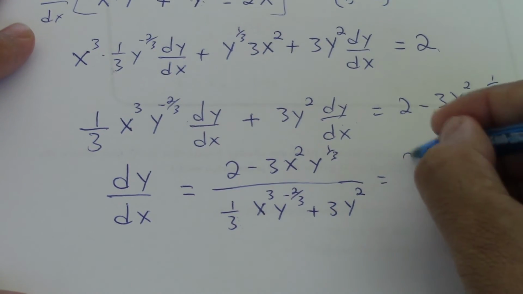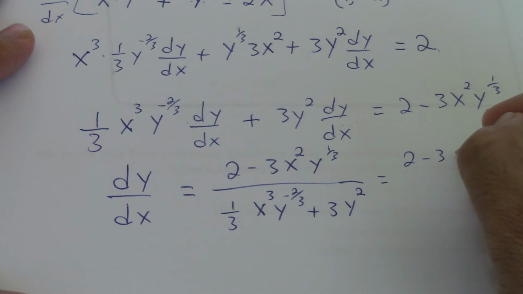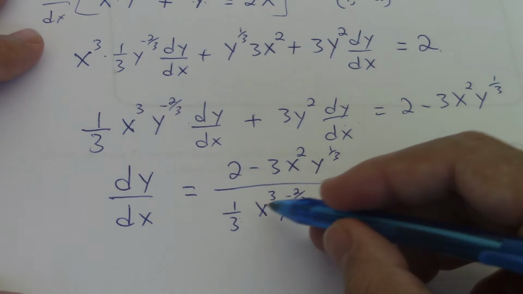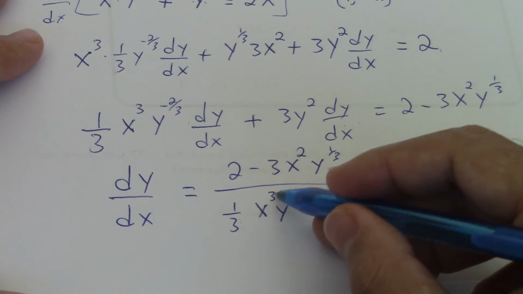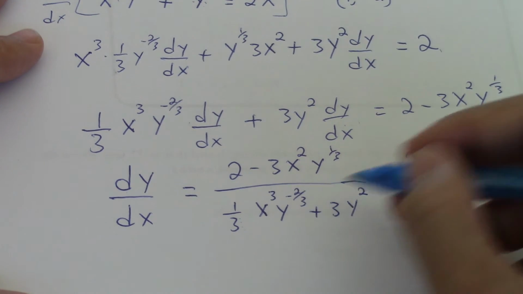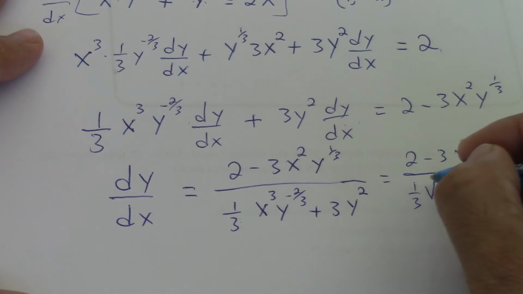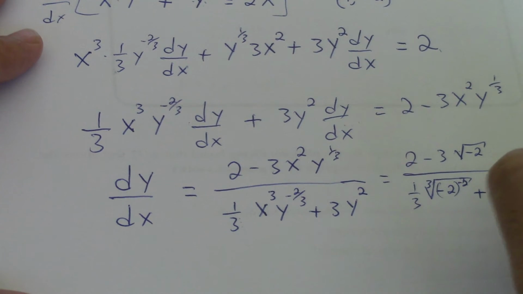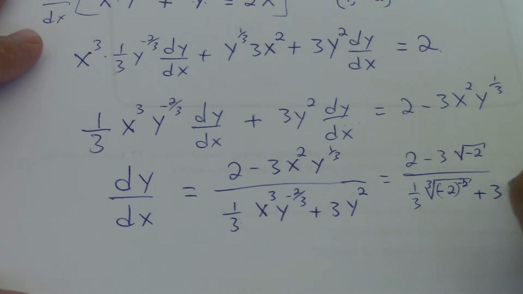So if we plug in, we would have 2 minus 3x, but x is 1. 1 squared is 1, times 3, you don't write it, then times y to the 1/3, but y is negative 2, so cube root of negative 2, divided by 1/3, x to the third, x is 1, 1 to the third is 1, so we don't have to write it, times y to the negative 2/3, so this y is negative 2, and the exponent is negative 2/3, that will mean cube root of negative 2 as exponent, and then plus 3y, y is negative 2 squared.